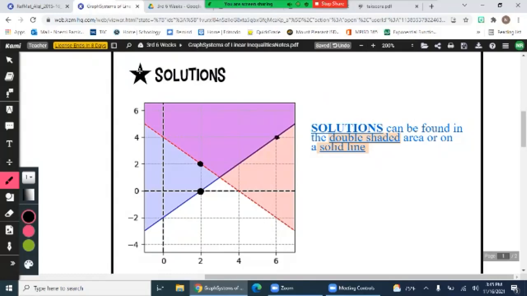Over here, this is 6, 4. That's in the double shaded area and on a solid line, so this is considered a solution. And obviously, if it's where the shading overlaps, it will also be a solution, and that is 4, 4.